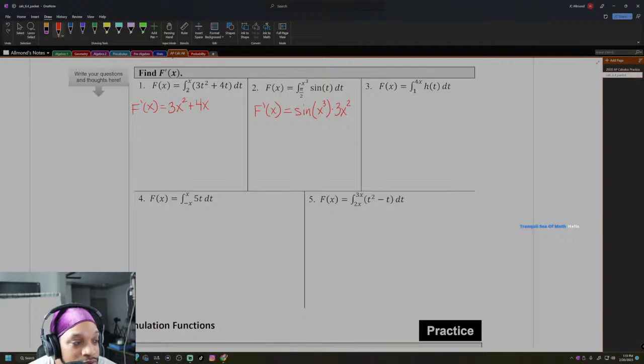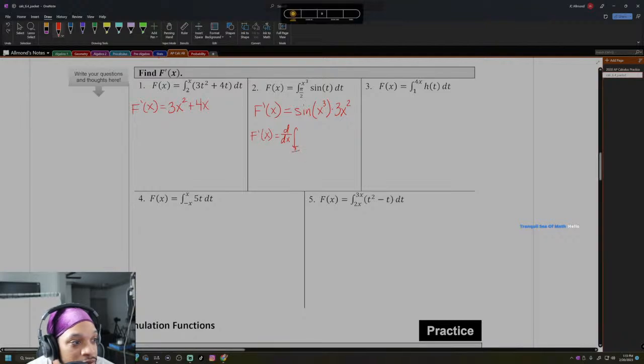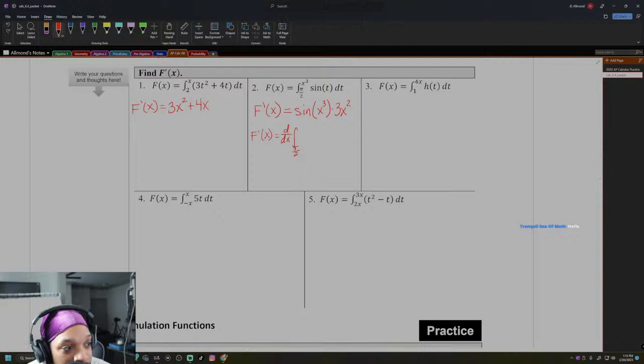of this integral. Maybe I'll try to write it out like this. It's the derivative with respect to x of the integral from pi over 2, which is a constant, to x cubed of sine of t dt.